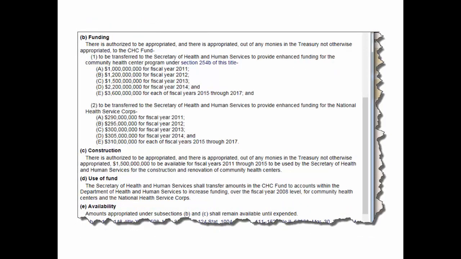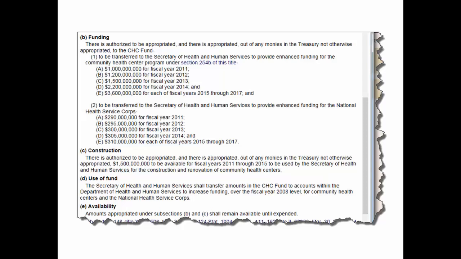And in this example, we see a list of amounts appropriated for fiscal year X, or for each of fiscal years X through Y. But at the bottom, there's a section entitled Availability, and that makes it clear the funds are available until expended. All of these examples suggest that one cannot assign availability to an amount appropriated in permanent law until one has made a complete reading of the language.